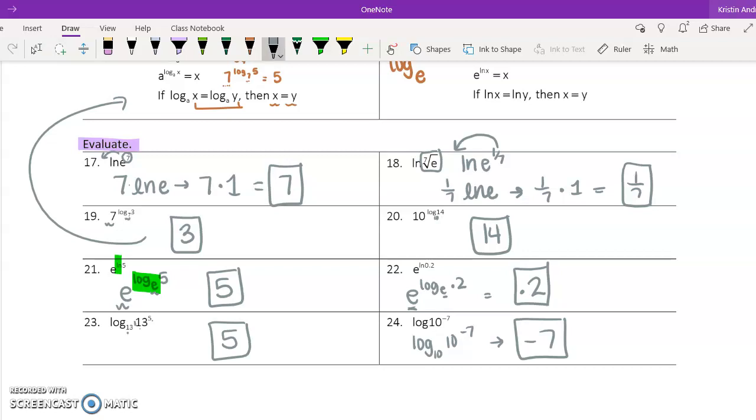So this would be the end of the material for the first quiz of the chapter. And that quiz would be 10.1 to 10.3. I will put some practice up on Delta Math for you guys. If you want to try practicing expanding and condensing logs, I'll throw some of those out there so you guys can check.